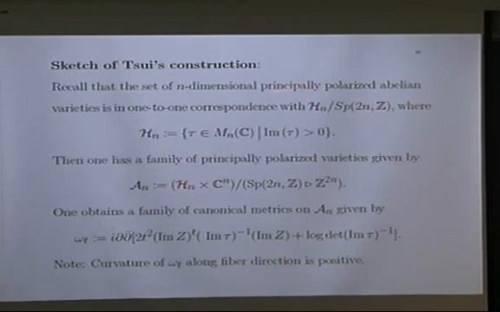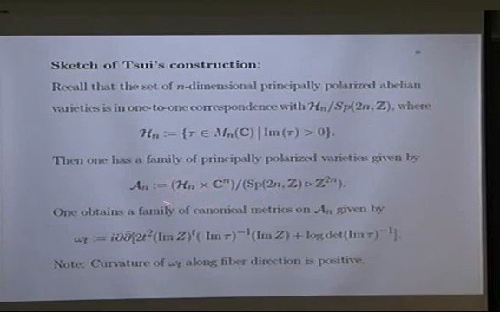We recall that principally polarized abelian varieties correspond to the Siegel upper half space, modeled by Sp(2n, Z). Here H_n is the set of complex symmetric matrices whose imaginary part is positive. So you can construct a family of principally polarized abelian varieties, coming from this Cartesian product modeled by Sp(2n, Z), semi-direct product with Z to the power 2n.